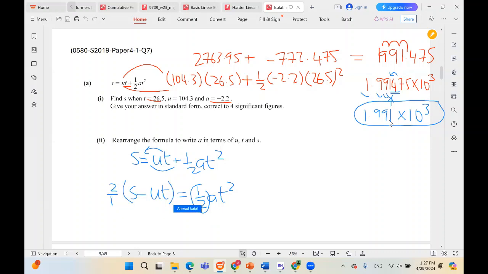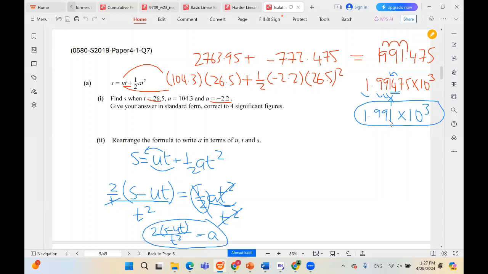So over 1 doesn't really matter. Just keep it as 2. And then we cancel it from here. Finally, we have t squared. So we want to divide the whole thing on both sides by t squared. And then these would cancel out as well. So you'd be left with A equals 2 times s minus ut over t squared. This would be our final answer.